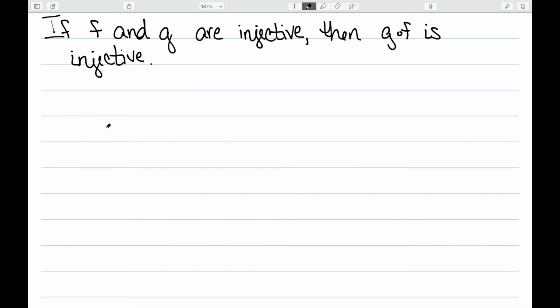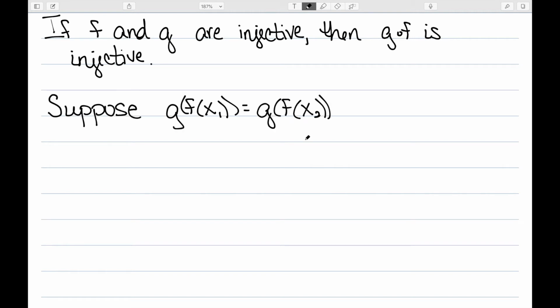The first thing I want to show about the composition: if f and g are injective, then g of f is injective. If both my functions are injective, then the composition is also injective. Let's suppose g of f of x1 is equal to g of f of x2. In order to show this is injective, we need to show that x1 is equal to x2.